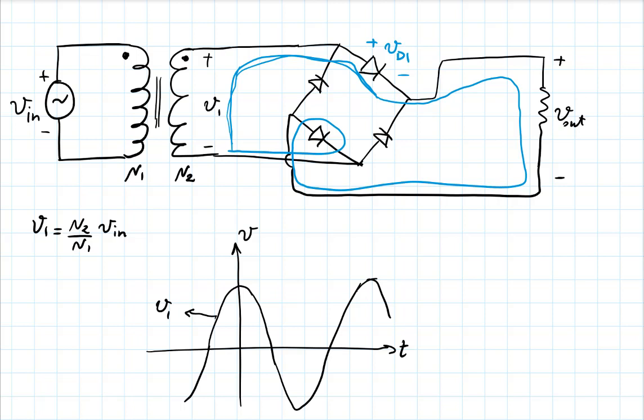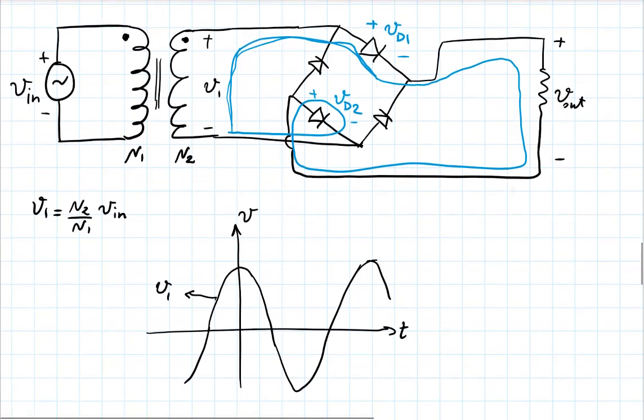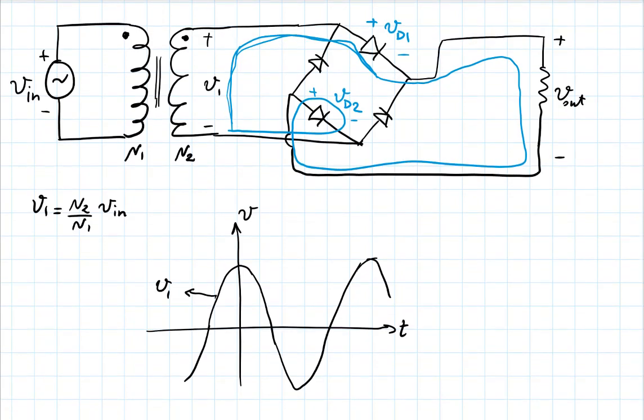So that's a KVL that tells you: minus V1 plus VD1 plus Vout plus VD2 is equal to 0, whatever these values are. But that KVL holds.